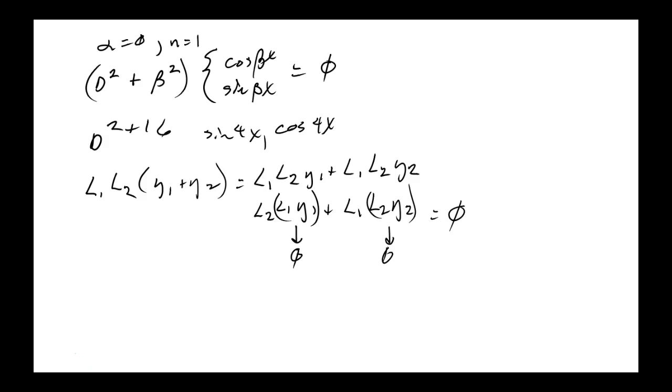For instance, 7 minus x. Doesn't matter what the function is, D2 annihilates it. And from 8, which was the top of this page, D2 plus 16 annihilates sine 4x.